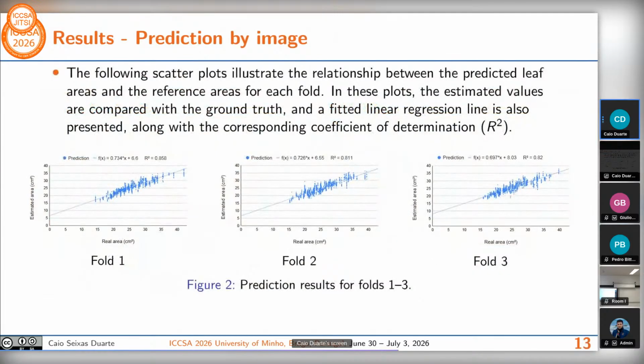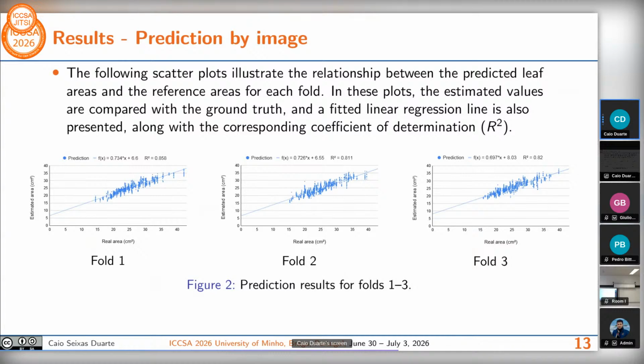This figure represents the scatter plot for folds 1, 2, and 3. In each plot, each point represents one image from the test set. The horizontal axis shows the reference leaf area, while the vertical axis shows the area estimated by the model. The fitted regression line and its corresponding coefficient of determination are also presented.